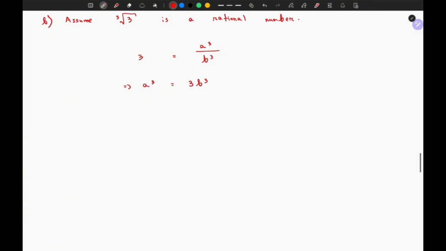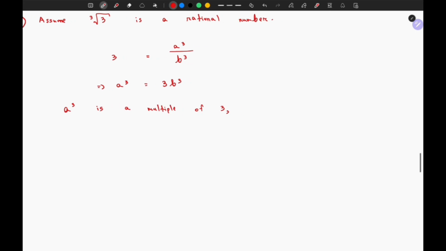Now since there's a 3 at the front, as a cubed can be written as 3b cubed, we can say that a cubed is a multiple of 3. Now if a cubed is a multiple of 3, therefore a will also be a multiple of 3.